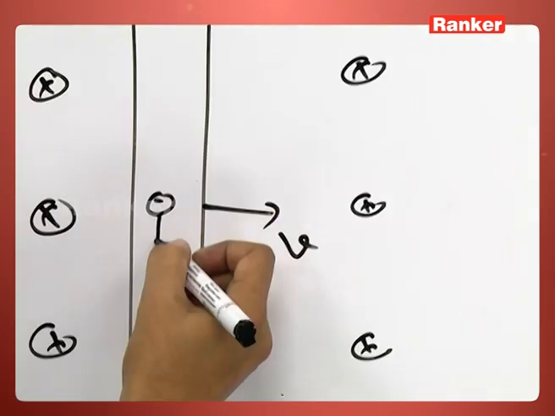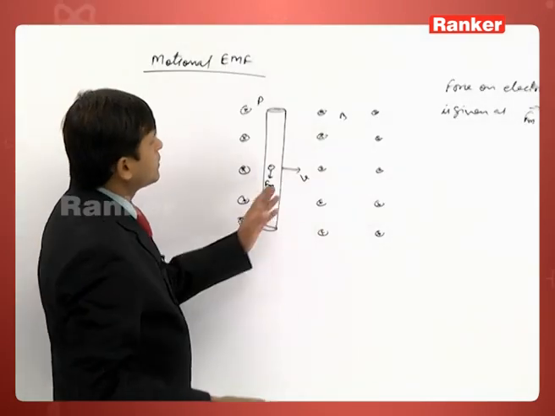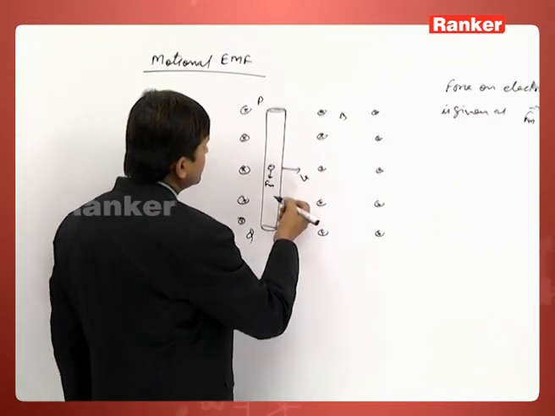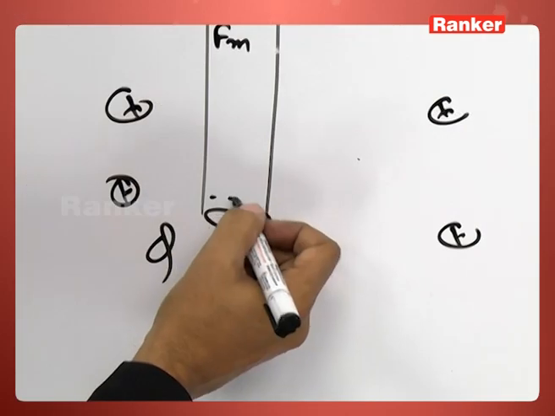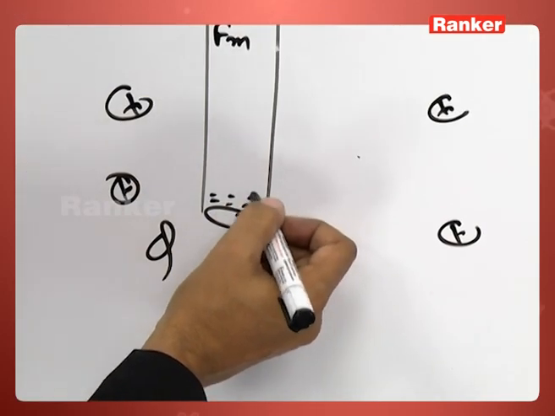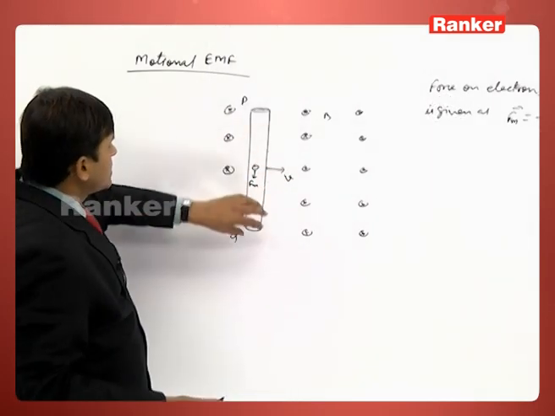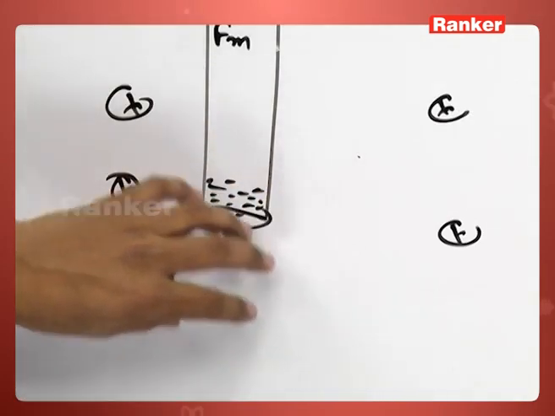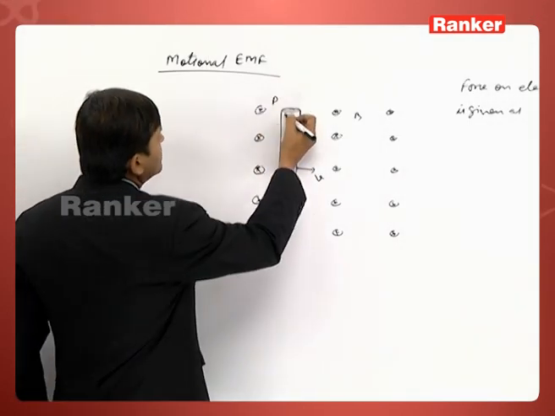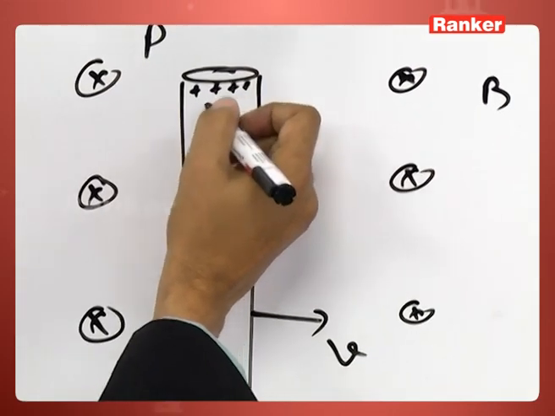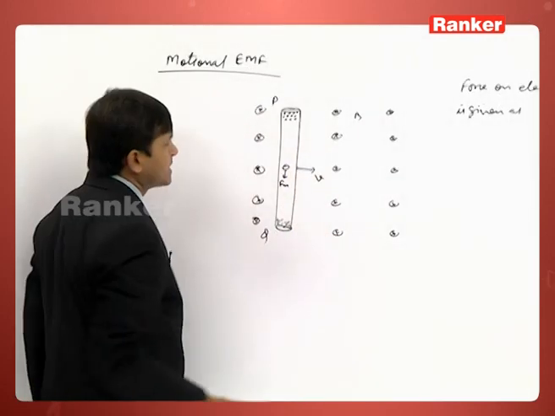As the magnetic force starts acting downward, polarization of charge will occur. At one end negative charge density increases, and at the other end positive charge density. Relatively, the two ends of the conductor will be at different charge densities.